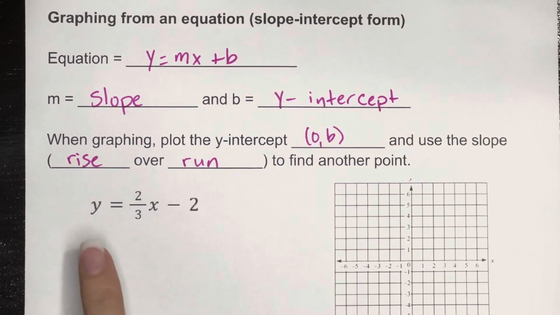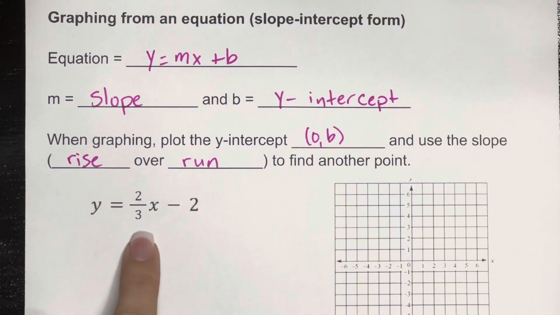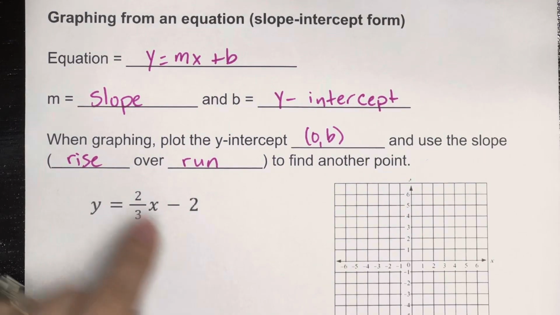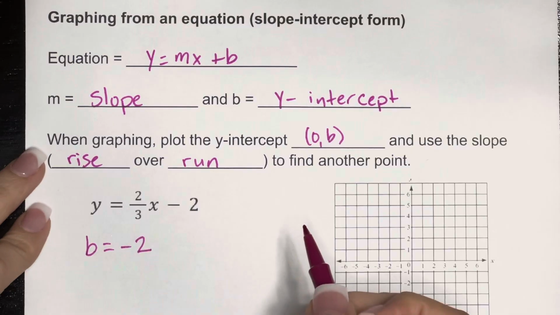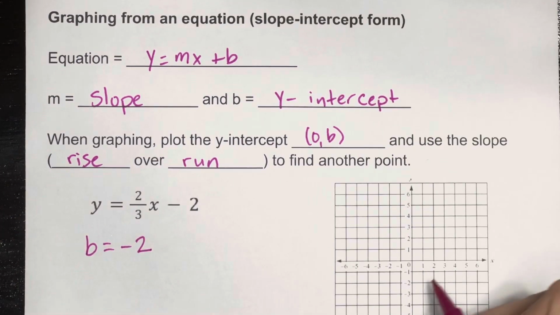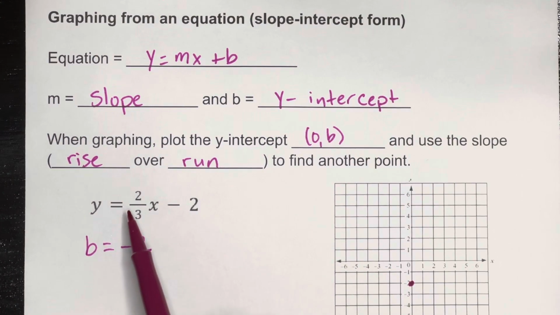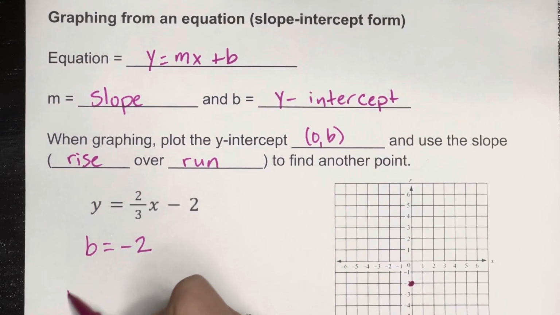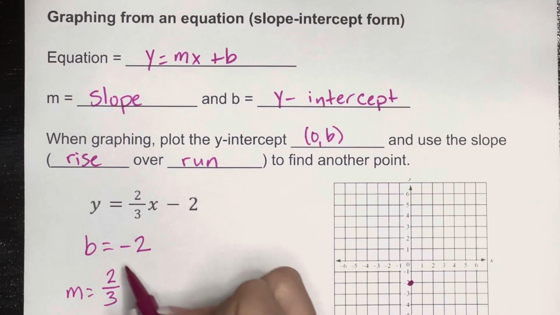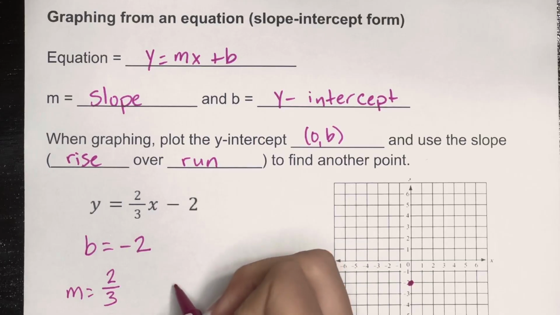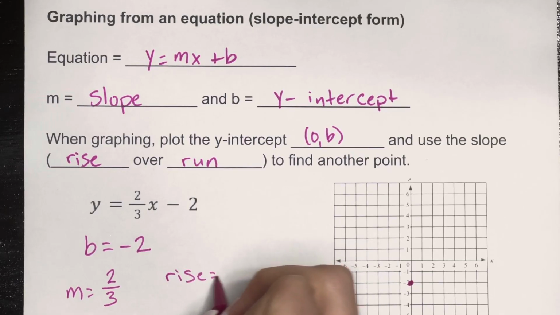Okay, so in this case, we've got y equals 2/3 x minus 2. So we know that our b is -2. So we're going to plot that here. Okay, then we're going to use our slope, which is 2/3, to find our second point in order to plot the line. So if 2/3 is our slope, that means our rise is a +2.